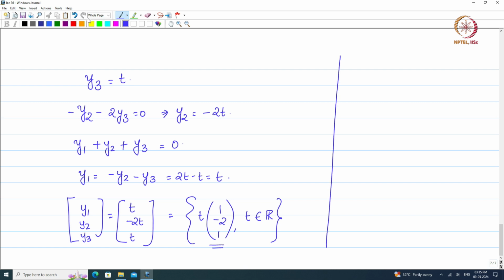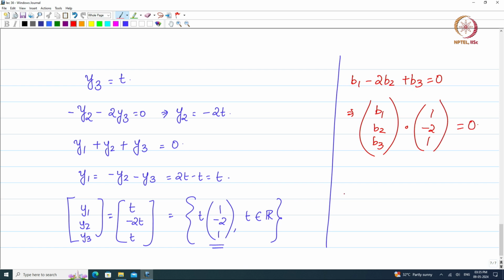The consistency condition was b1 minus 2 b2 plus b3 equal to 0, which means b1 b2 b3 dot product with 1 minus 2 1 is equal to 0. Therefore whenever you want Ax equal to b to have a solution, that means you want it to be consistent, this simply means the consistency condition.